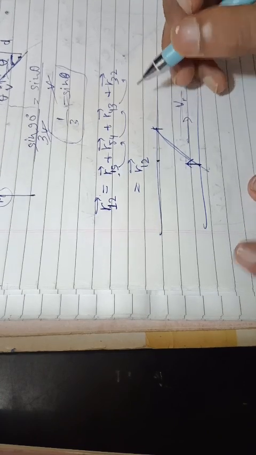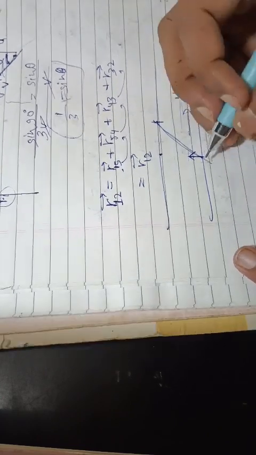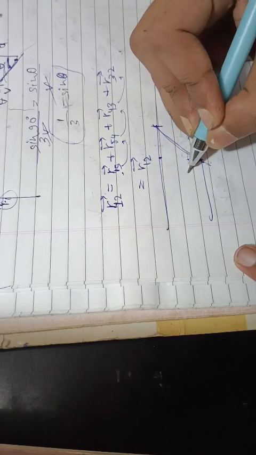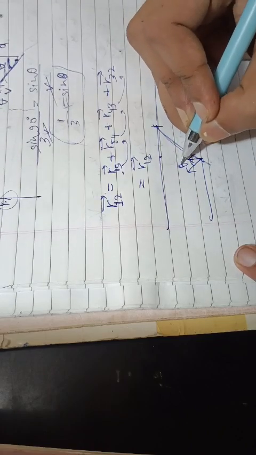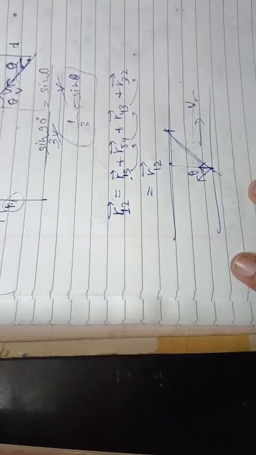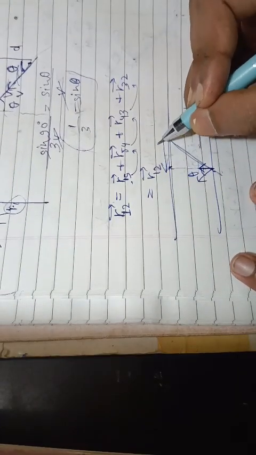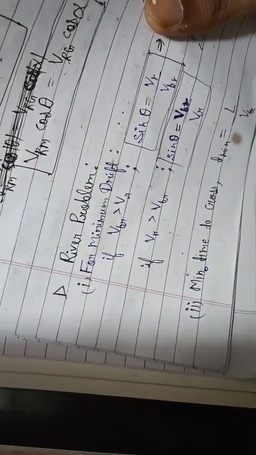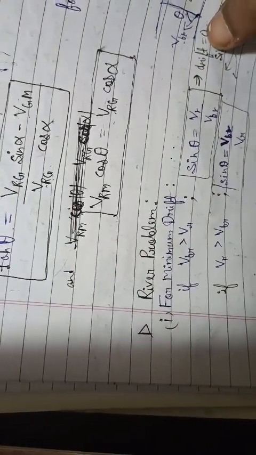And for minimum drift, we have to move in any direction that makes theta with this direction, to reduce this length. So for that we have the formula. If vbr is greater, then we can simply make vbr sin theta equal to vr, which means drift becomes zero since the component parallel to the river is zero.